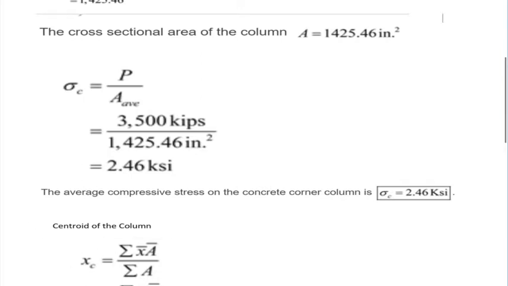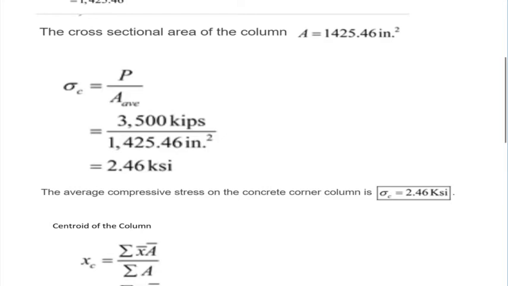The sum of the y-coordinates of each of the areas multiplied by each of these small areas divided by the total area calculates the y-coordinate of the centroid. Let's see it in action.